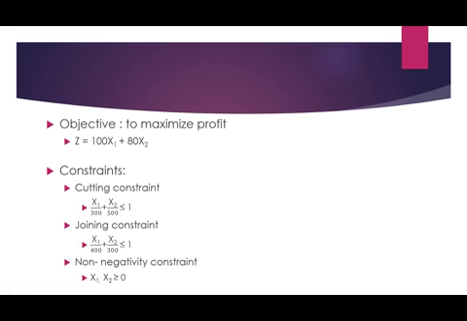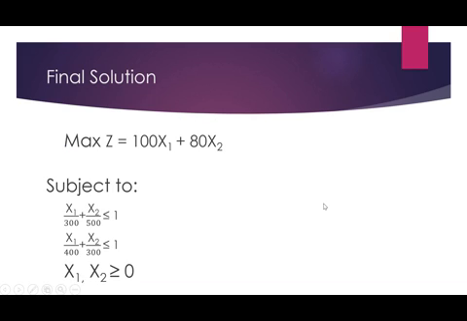So the final solution will look like max 100x1 plus 80x2 subject to x1 by 300 plus x2 by 500 less than equal to 1, x1 by 400 plus x2 by 300 less than equal to 1, x1 comma x2 greater than equal to 0.